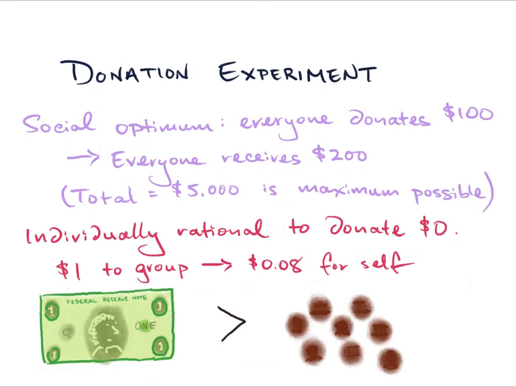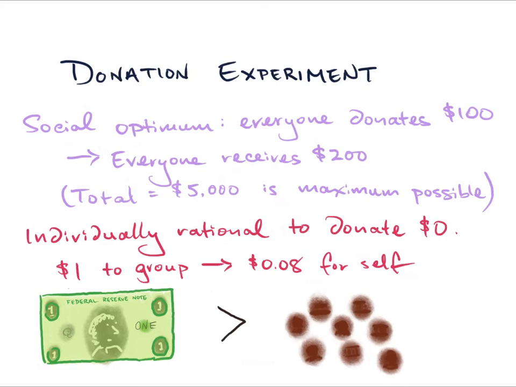Free riding is individually rational, but it's a problem with public goods because in this case, everyone should be a free rider and nobody should donate to the common good. It would be better for everyone if everyone donated their full money to the common good. It would be better for each person individually if the whole group would agree to that strategy.